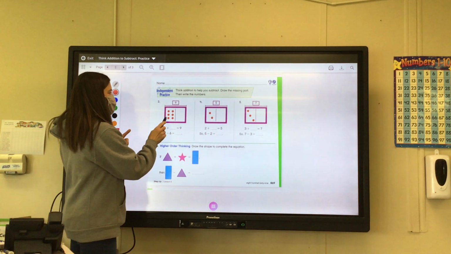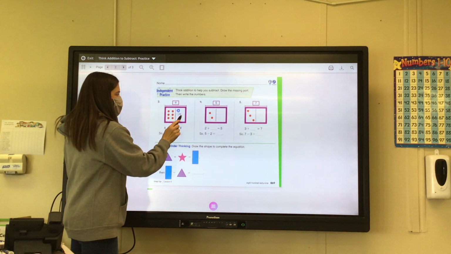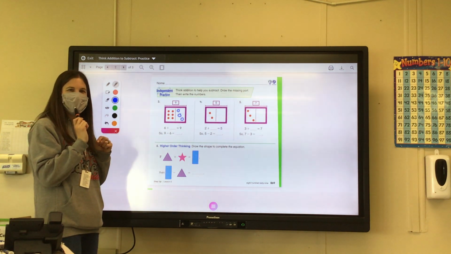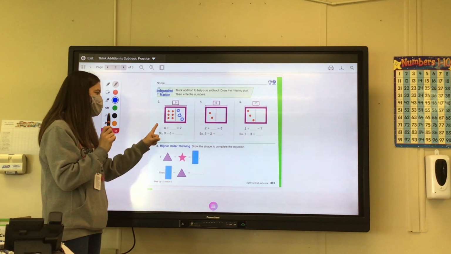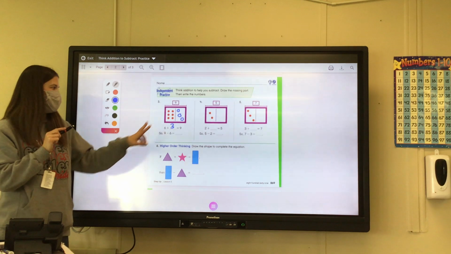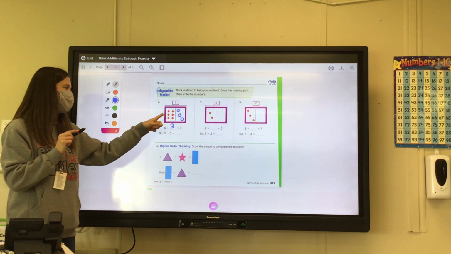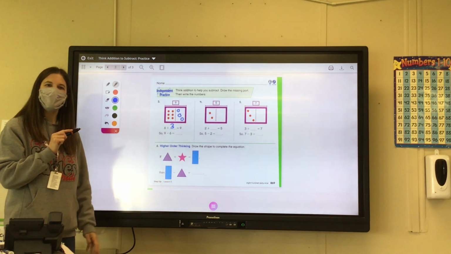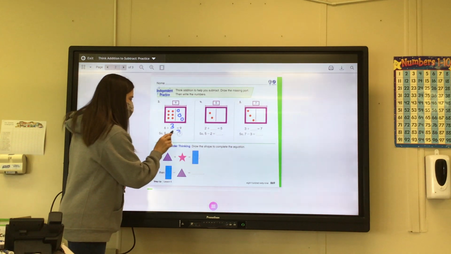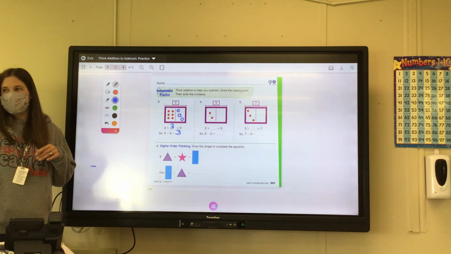Okay, so if we have 6 here, you can say 6, 7, 8, 9. So how many did we draw to make 3? So if 6 plus 3 equals 9, the two parts equal the whole. So that means 9 minus one part equals the other part. So 9 minus 6 equals what? 3. The addition is helping you solve your subtraction problems too.